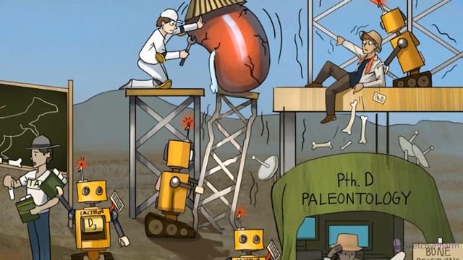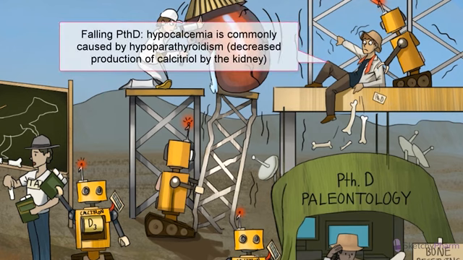Hypocalcemia is commonly caused by hypoparathyroidism, which is why we have included a falling PTHD badge. Low PTH means decreased production of calcitriol in the kidney and decreased absorption of calcium from the GI tract, just low calcium all around. So we've got to supplement calcitriol exogenously to absorb that calcium.